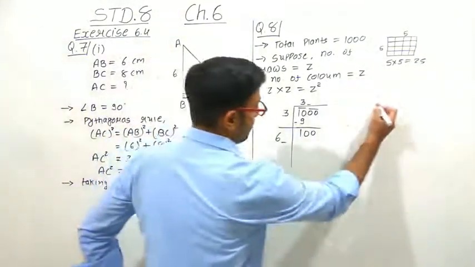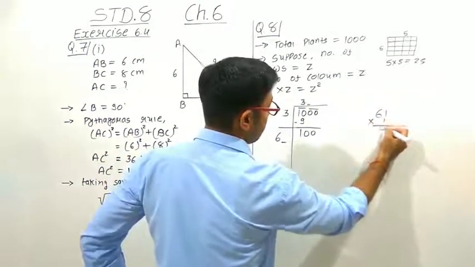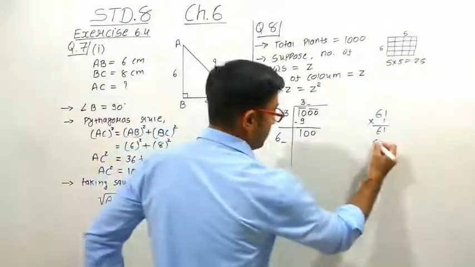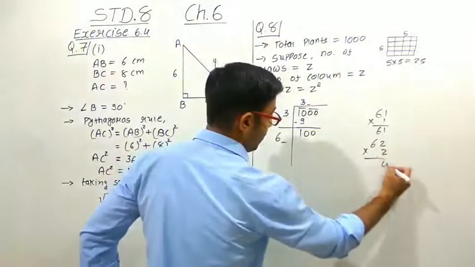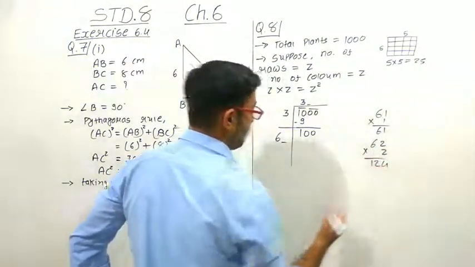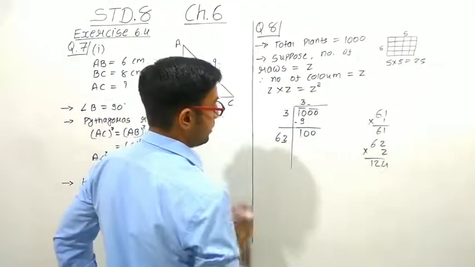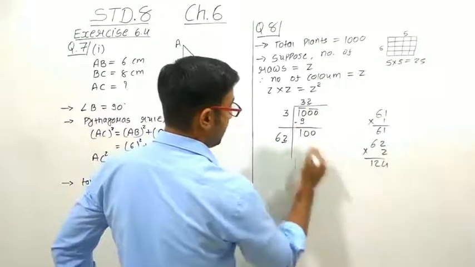So see, if we take 1, then 61 ones are 61. This is less than 100. Take 2, so 62 twos are, 2 twos are 4, 6 twos are 12, 124. So here we have to take 2. If we take 2 here, 62 twos give us 124.